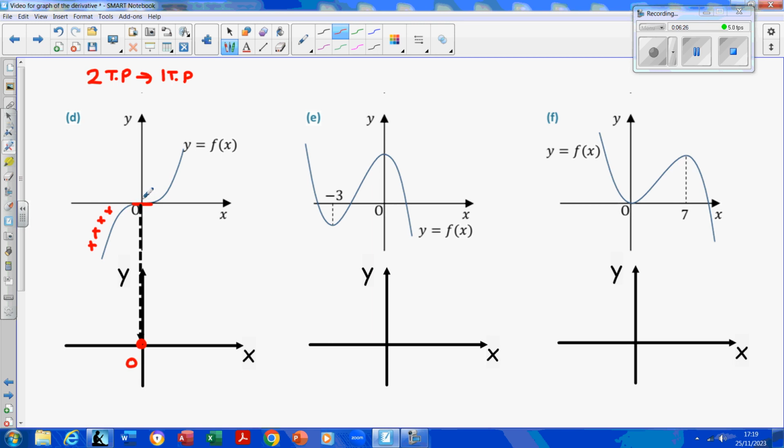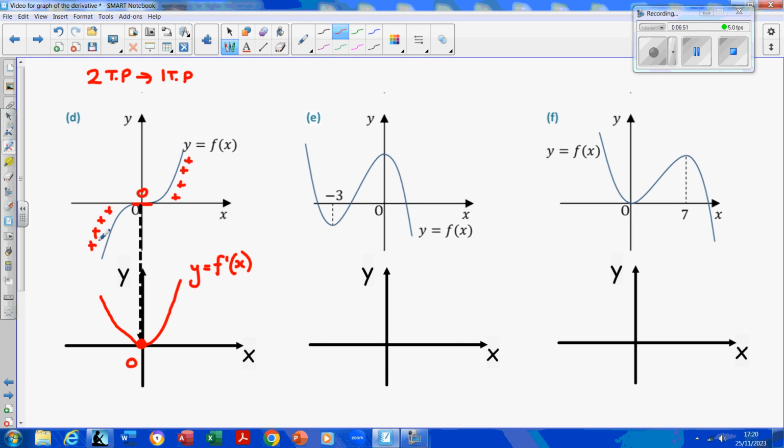But then it turns and it goes to 0, it's flat, and then the gradient of the tangent continues to be positive, so it's above the axis. So that means we've got a graph that's coming down, it's reaching 0, and then it's going back into the positive bit again, so it goes back up there and it turns, and that's the graph of y is equal to f dash x.